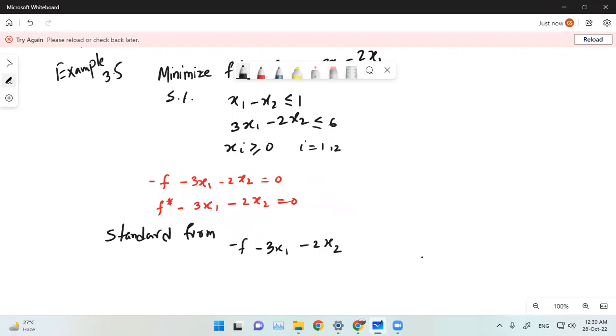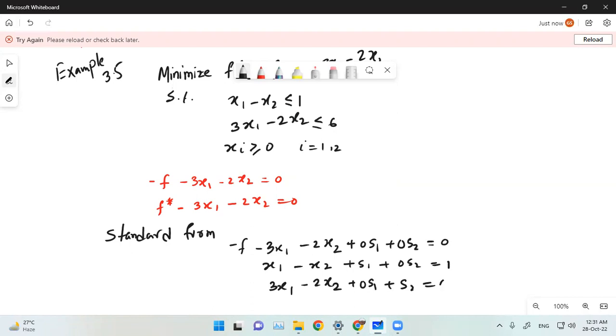We have two constraints, so two slack variables you have to add, plus 0s1 plus 0s2 equal to 0. So this is the objective function. Then we have x1 minus x2 plus s1 plus 0s2 equal to 1, and 3x1 minus 2x2 plus 0s1 plus s2 equal to 6.